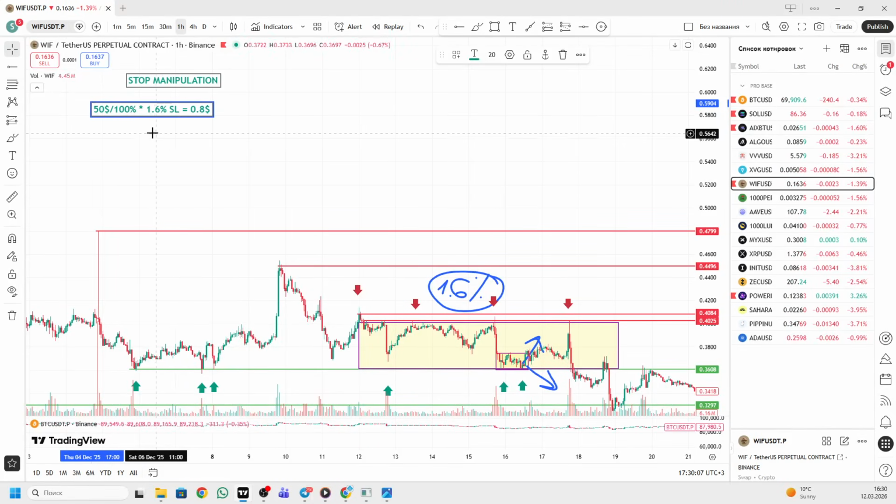But if we decrease our position size to $50, we can increase our stop loss. And still, in the end, we will have $0.8. Do you see the logic? I think, yeah.